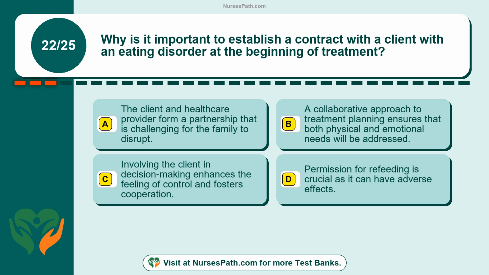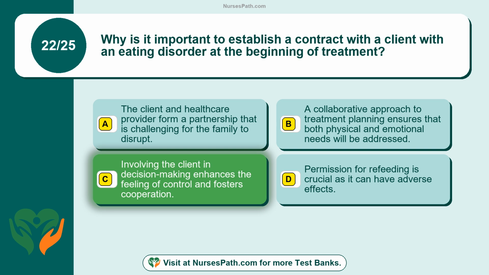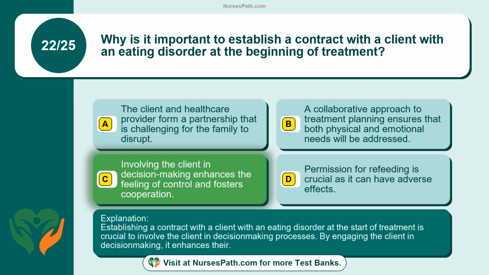Option D. Permission for refeeding is crucial as it can have adverse effects. The correct answer is option C. Involving the client in decision-making enhances the feeling of control and fosters cooperation. Establishing a contract with a client with an eating disorder at the start of treatment is crucial to involve the client in decision-making processes. By engaging the client in decision-making, it enhances their sense of control.